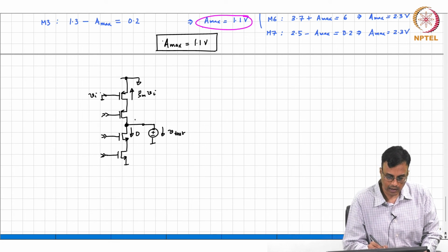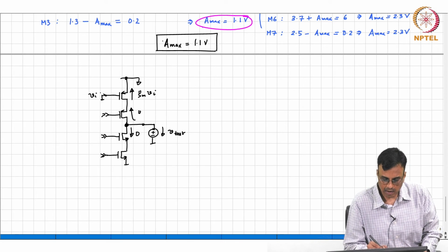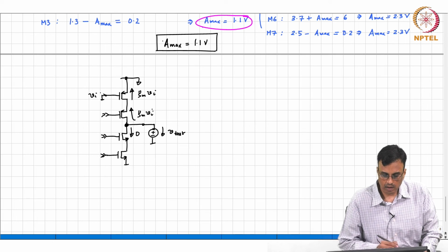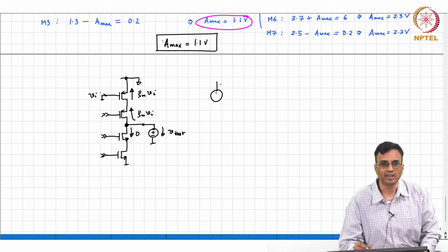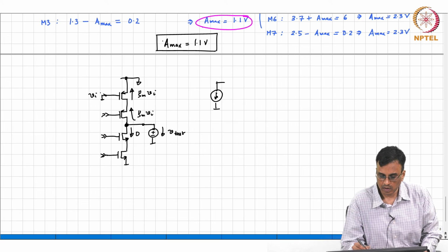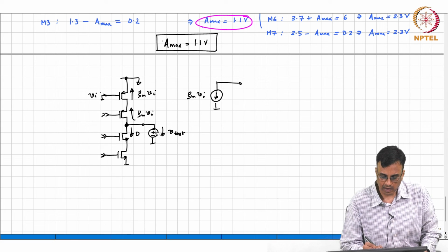So what is the incremental current here? Gm Vi. So what is the Norton short circuit current? Yes, so this Gm Vi flowing in that direction.